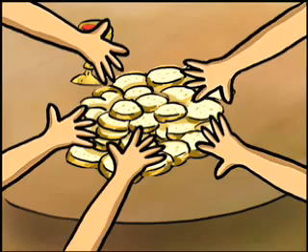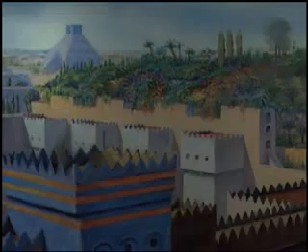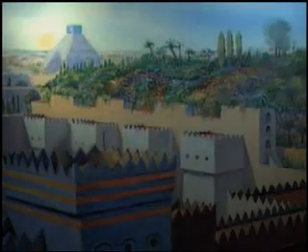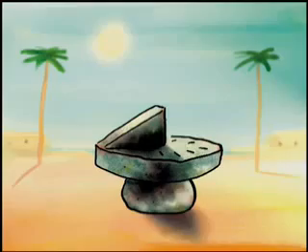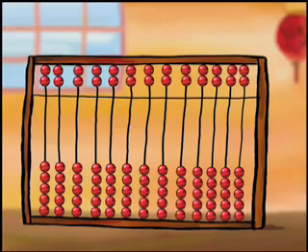Today, we would represent this sharing with the fraction 3/5, 3/5 of a loaf for each person, or 3 loaves divided by 5 people. The Sumerians and early Babylonians invented a number system of fractions based on 60 that we still use 4,000 years later. Our days have 60-minute hours and 60-second minutes, and our circles encompass 360 degrees. Chinese societies used an abacus with a system based on 10s, although it had no 0.